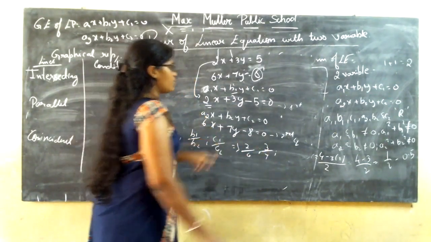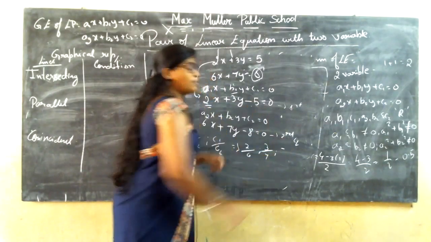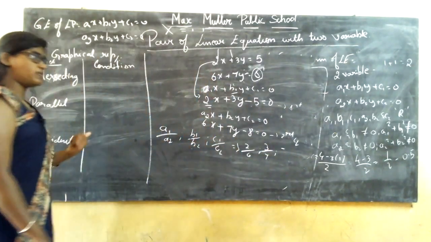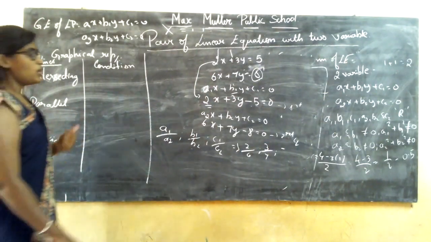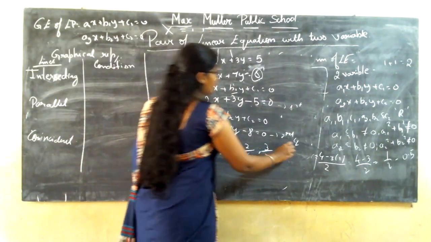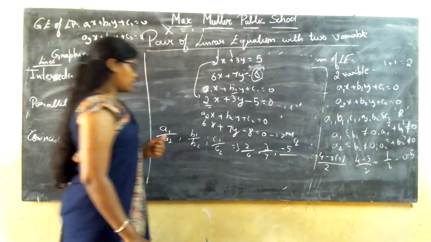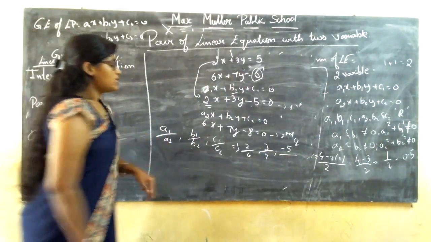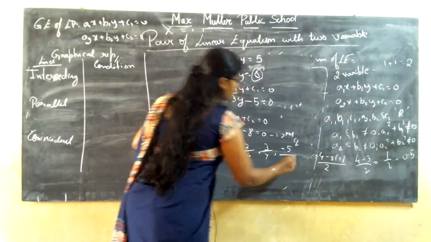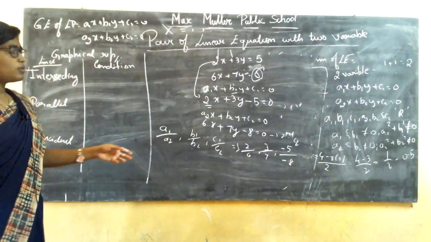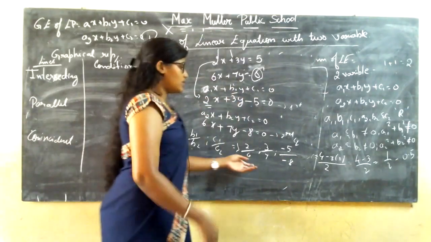Next is C1, where you need to take the negative sign. If it is negative, you need to take the negative sign, and do the sum based on the signs. Then C2 is also minus 8. So this is how you write it in the ratio form.